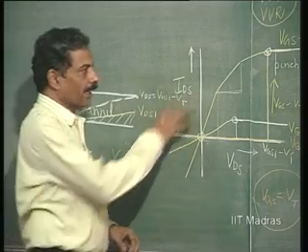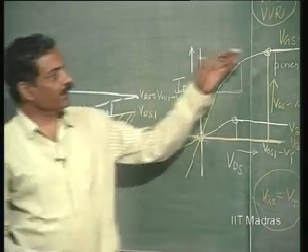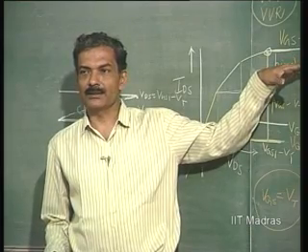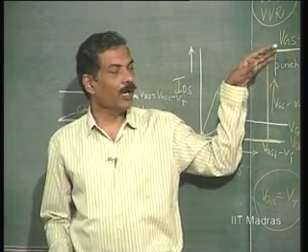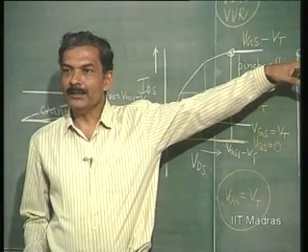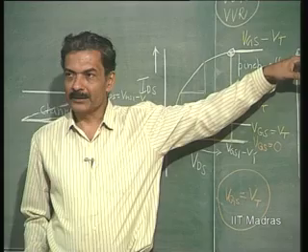So, this characteristic is understood as FET characteristic, and the FET transistor, field effect transistor, is operated in the current saturation region. This is called current saturation region.